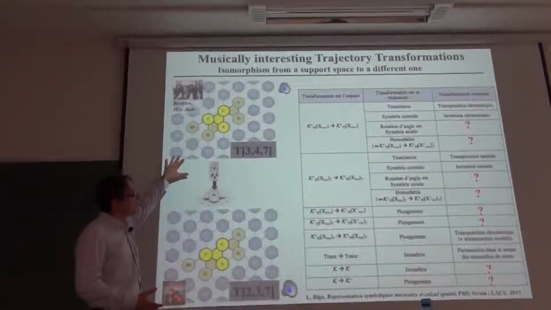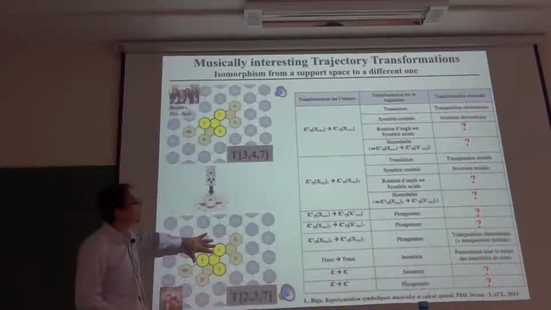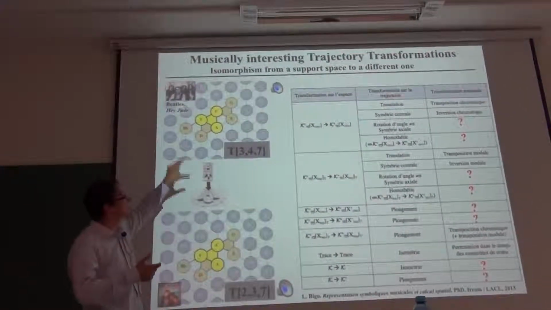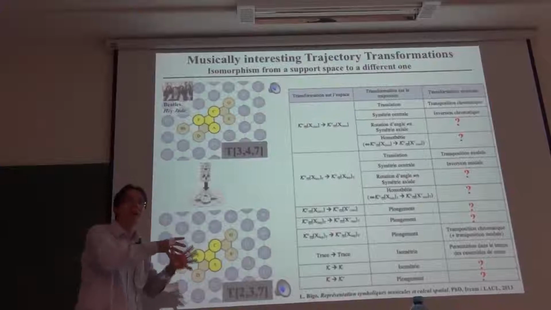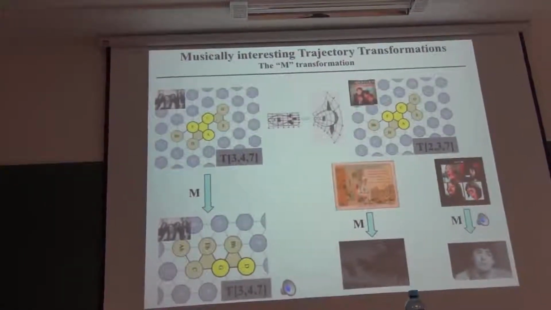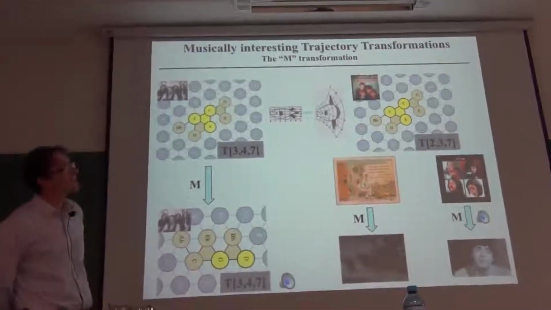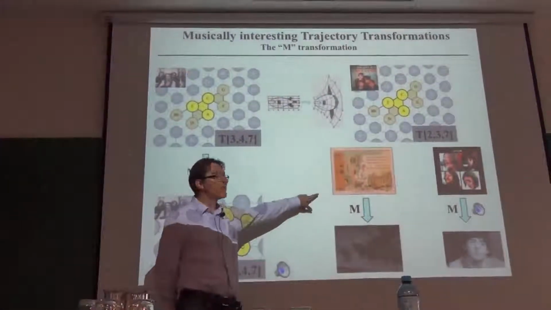So you don't need to change your space. You can also have the same space, and you can look at automorphisms, so transformations of the trajectory within a given space, and you have, in this case, very interesting results, which are what I call the M transformation, M like Mahler.